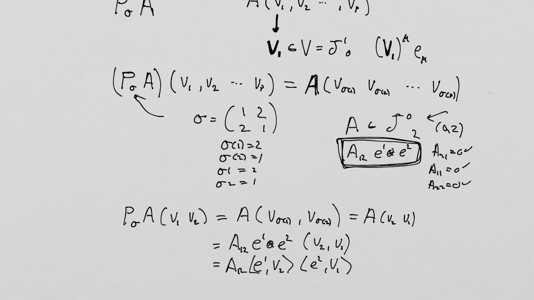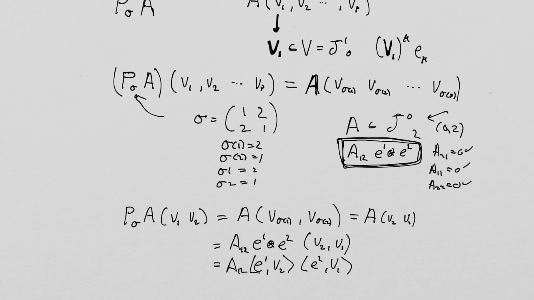Now, that turns out to be exactly equal to, instead of swapping the two vectors out here, the same as if I had swapped the two basis vectors. So I could have written that as A_12 E2 tensor product E1 acting on V1, V2.